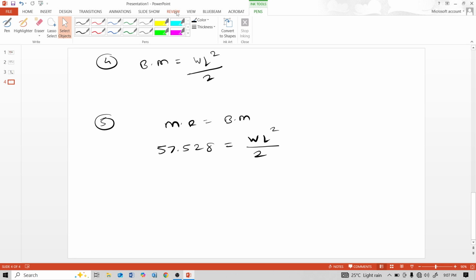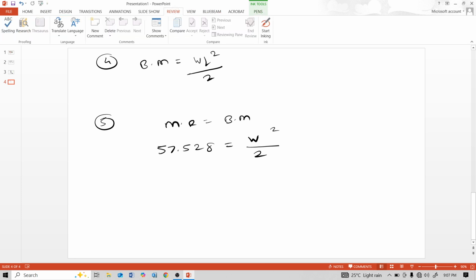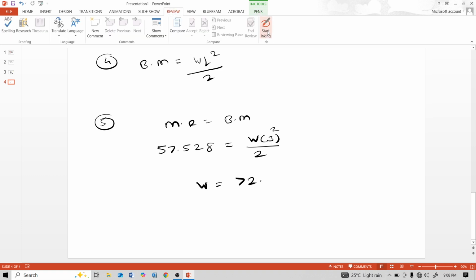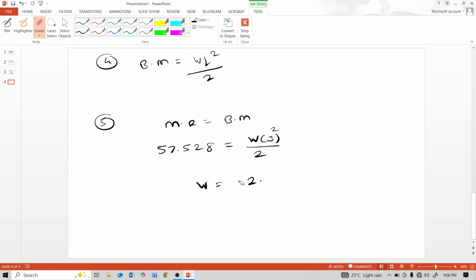So here it is 3 square. Therefore W is 57.528 multiplied by 2 divided by 3 square, which is 12.784 uniformly distributed load. Sorry, 12 here, not 72. 12.784 kilonewton per meter.